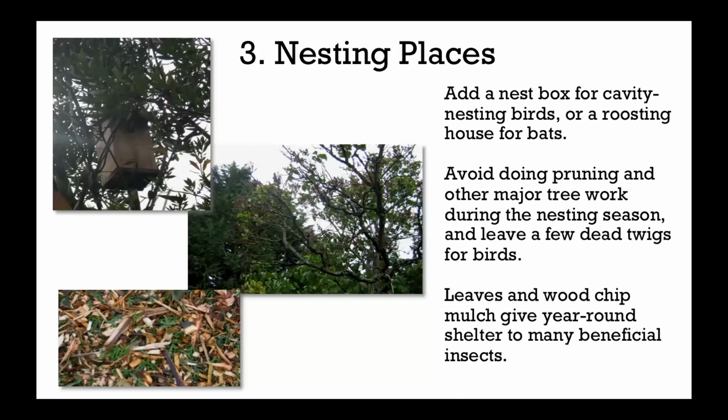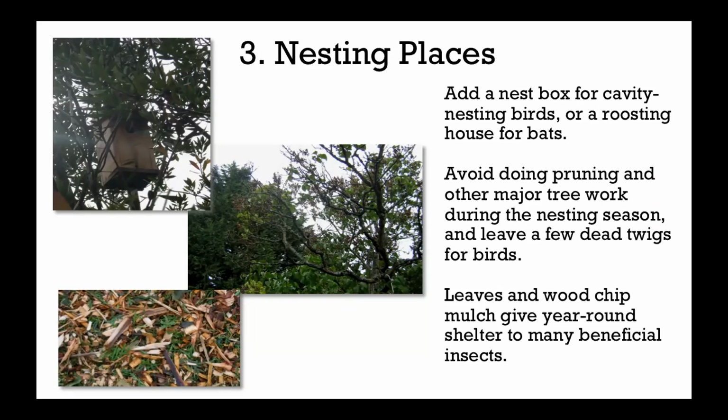Nesting places can be many different trees and shrubs that provide great nesting places for birds that build their little cup nests and tie them into the branches. But you can also add a nest box, because many birds will only nest in a cavity, and most neighborhoods don't have a lot of hollow trees in them anymore.